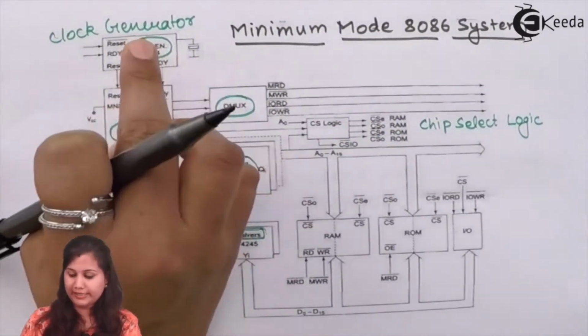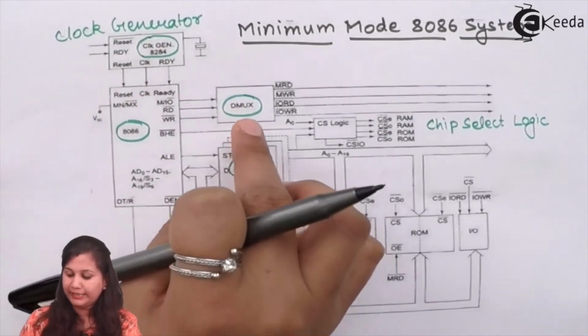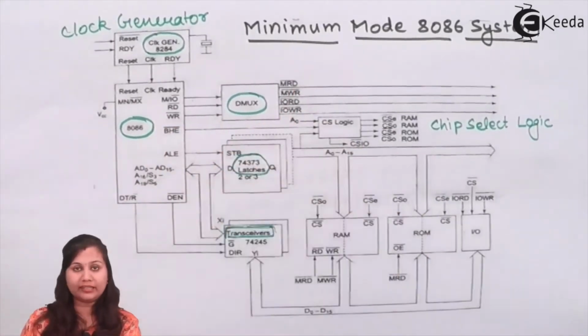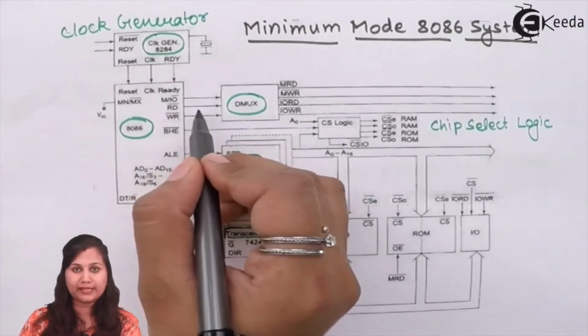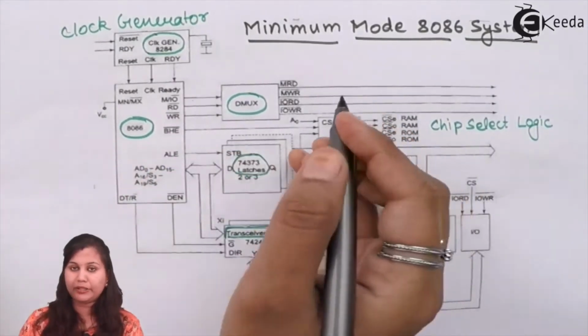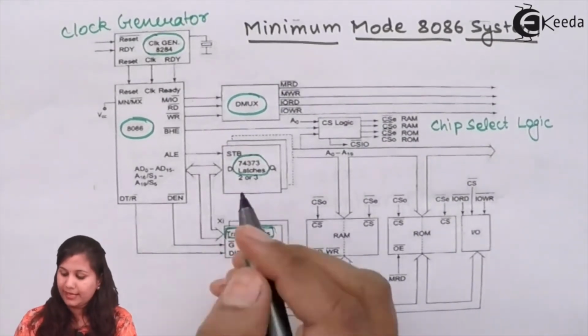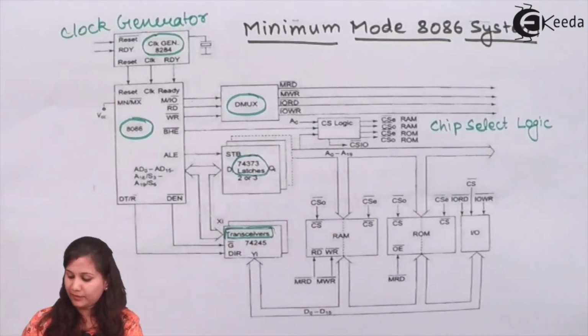Clock generator, it is providing the clock pulse to the 8086 microprocessor. Demultiplexer, it is generating the control signals by taking the signals from the microprocessor, combining them, producing the memory and the input output read and write signals. Latches are used to separate the address from the address and the data bus.